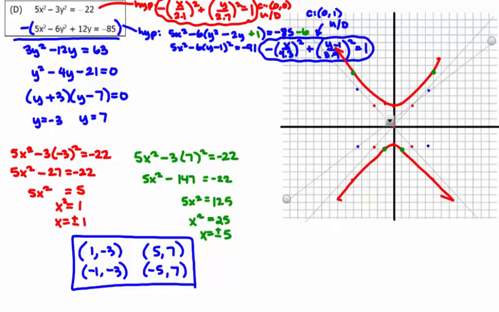So let me color code. Okay, that's going to make it a little bit easier. So now I can kind of fine tune this one. It needs to go through the points that I've sort of set up. And again, my hyperbola is going to open up, down, going through these green points. So the green has to be above, that's good. And this green has to be below. Okay, that's good. So now I'm going to draw in my next one.